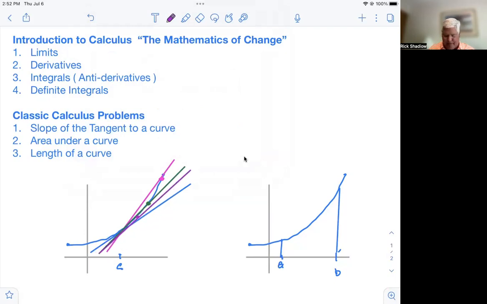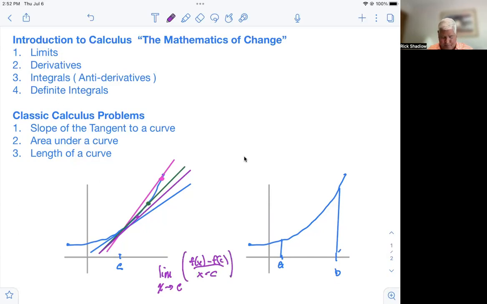And I'm better, only slightly maybe, but if I get very, very close to c, so as x gets close to c, and I use that idea of a limit, then I can basically say the limit of f of x minus f of c over x minus c, which is just that limit, is going to be the slope of the tangent.